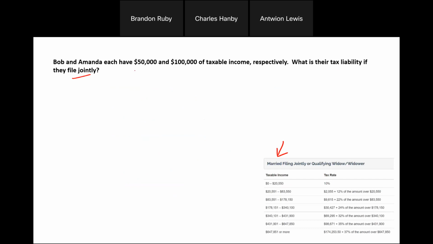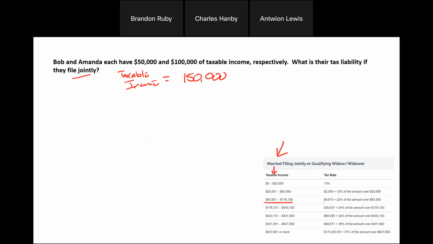So anyway, here all we do is add the 2 together and calculate their taxable income. The taxable income is 150,000. So we just go down the table and find this. These are what are called the brackets. 150,000 fits in right here.